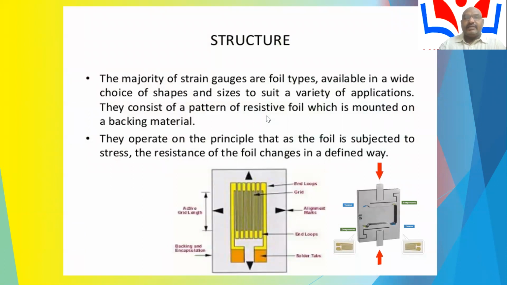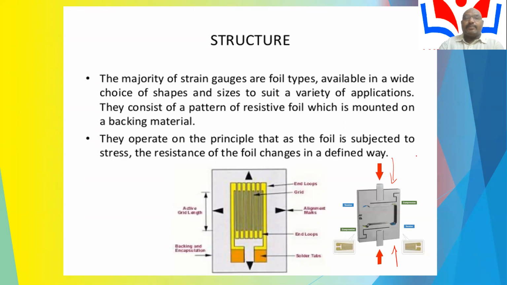Here the strain and pressure are applied in opposite directions. The majority of strain gauges are foil types, available in a wide choice of shapes and sizes to suit a variety of applications. They consist of a pattern of resistive foil which is mounted on a backing material.